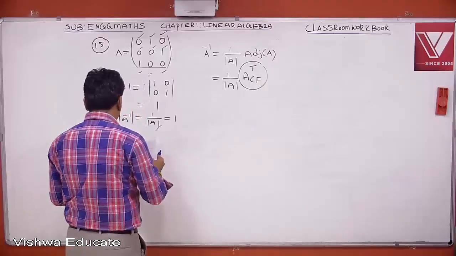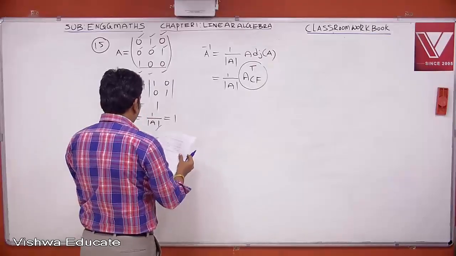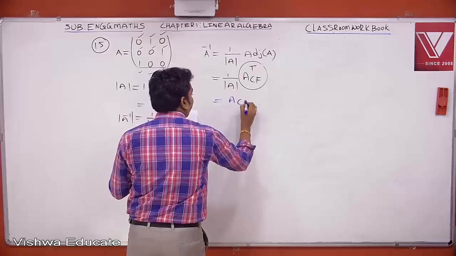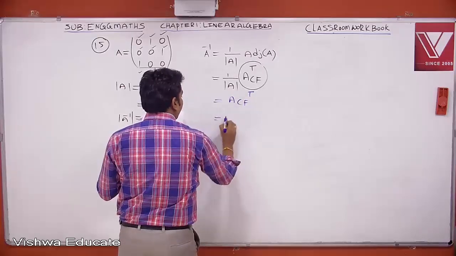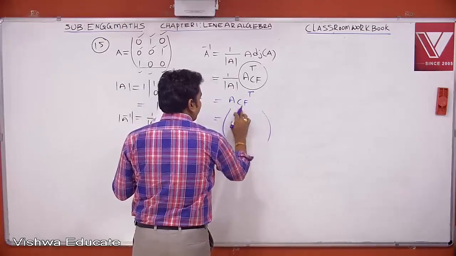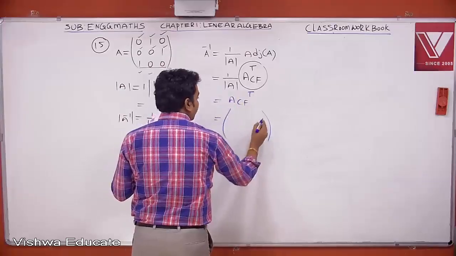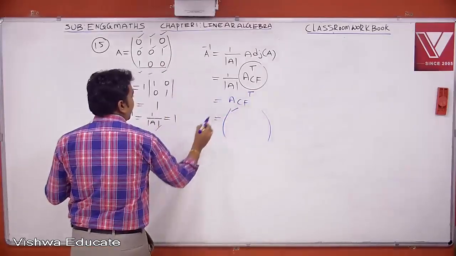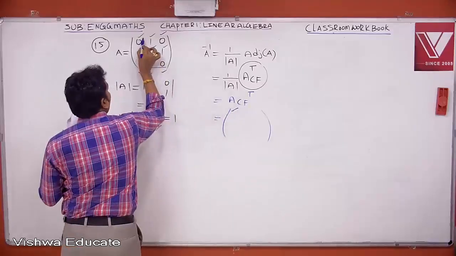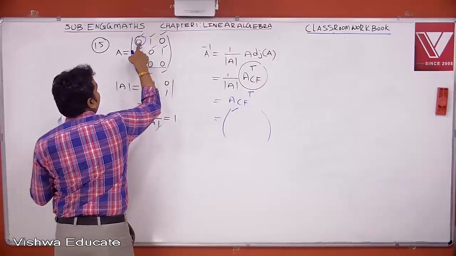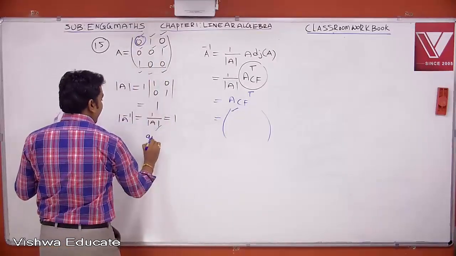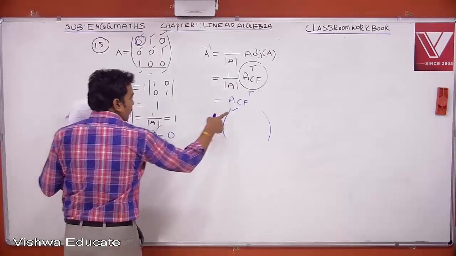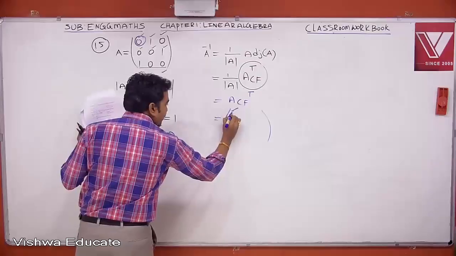So in this case, det A is 1, therefore A inverse is the adjoint, which is nothing but the transpose of the cofactor matrix. Now let us find the first element. This first element is nothing but the cofactor of A11, because this is in the 1 1 position. Even when you replace it here and transpose, it doesn't change.